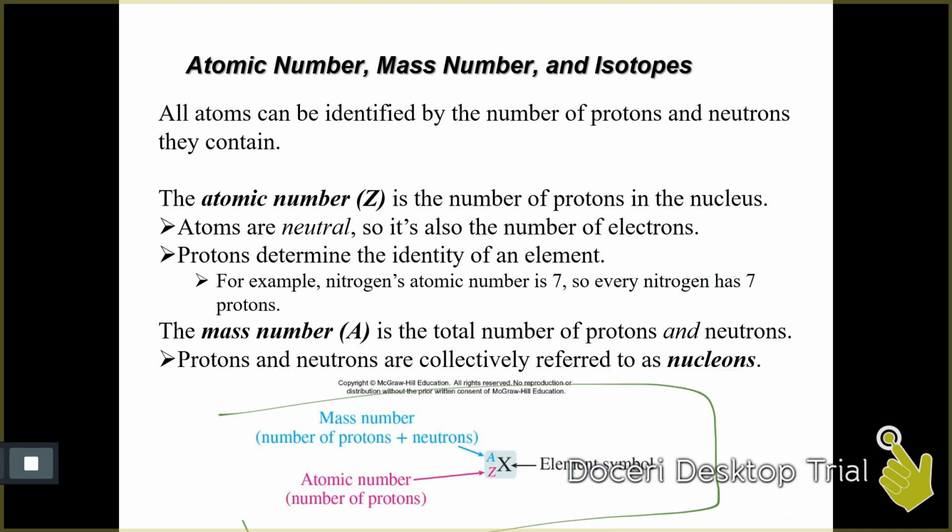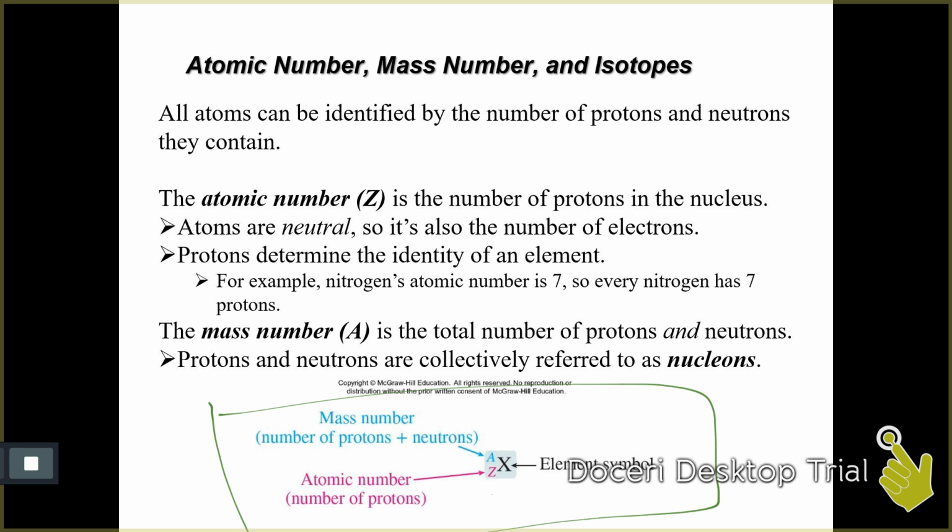Focus here: Z is the symbol. You write Z, with the atomic number, the number of protons, below, and on the top the mass number, which is the number of protons and neutrons.